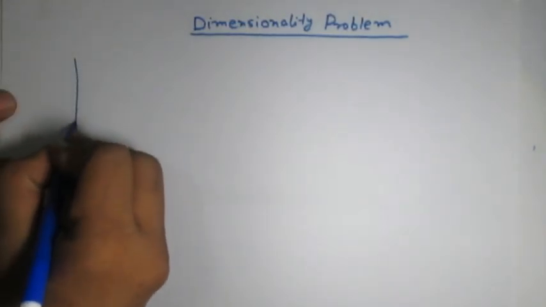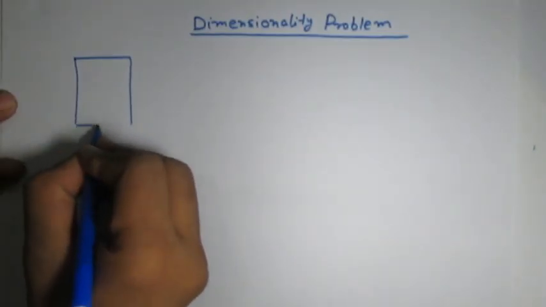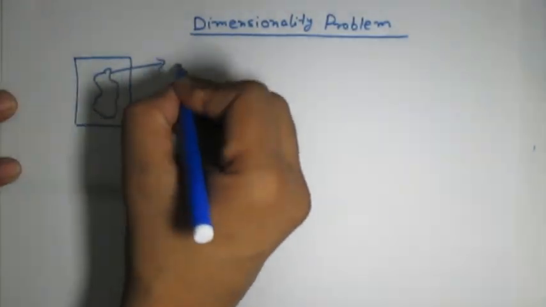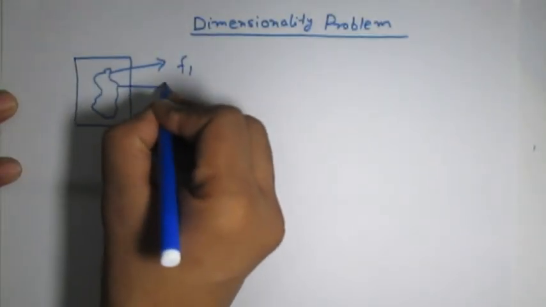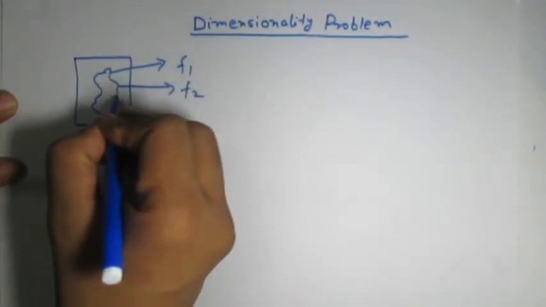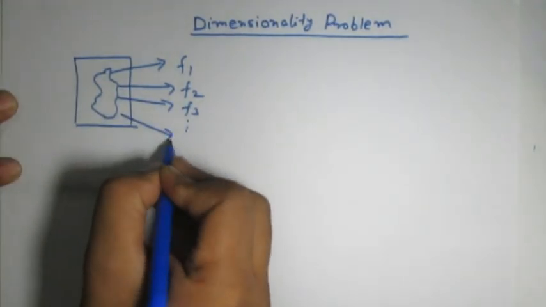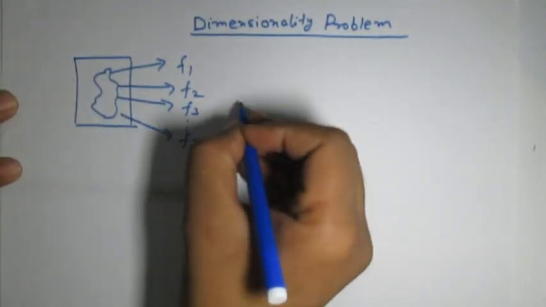Good morning. In the previous lecture, we have seen how an object is represented in a feature space. If we have an object to represent, we need to extract some features from the object like F1, F2, F3, Fn.